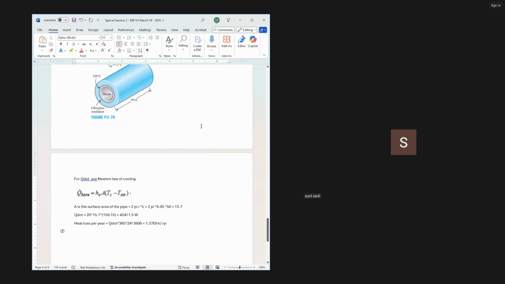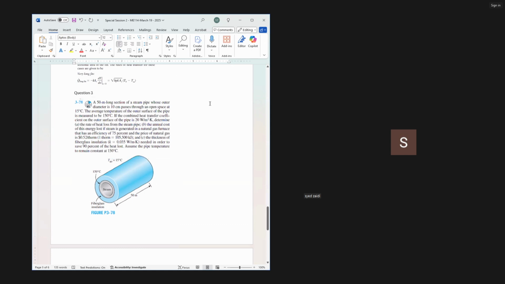If the efficiency is given, you have to calculate in therms, where one therm is 105,500 kilojoules, because the price is given per therm, $0.52 per therm. The natural gas furnace has an efficiency of 75%. So it simply means that we have to convert the Q gas into therms per year.